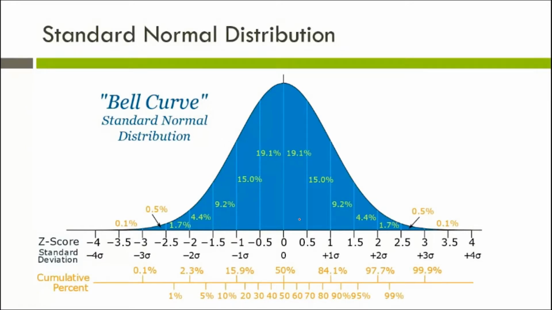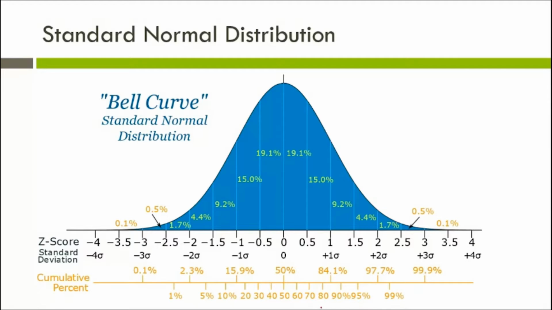And this is still the look of a standard normal curve. We can see here the different percentages, and here are what we call our z-scores, and we also have our sigma or our standard deviations, and our cumulative percentage.